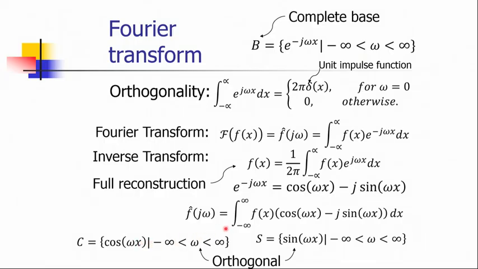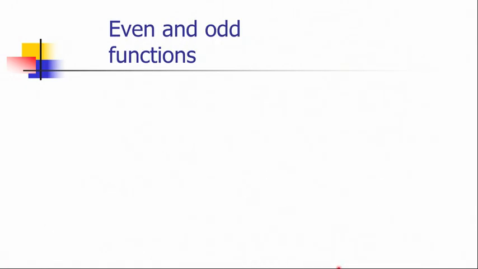If I use only the real part, F(j omega) with cos omega x, that won't give me back the full function. Similarly, if I use the imaginary part of the transform with sin omega x, that won't give me back the full function either. So, it is not a complete base.